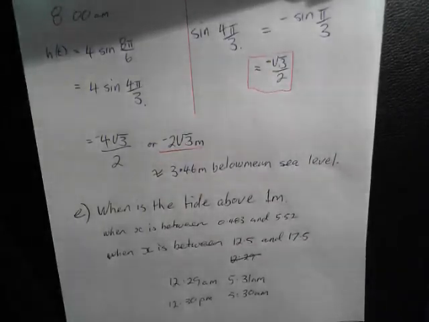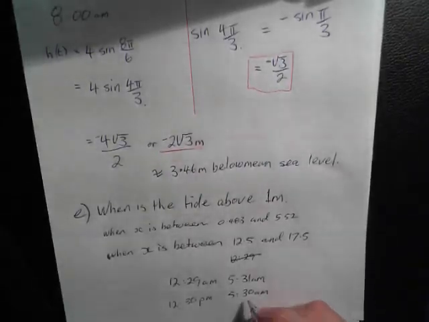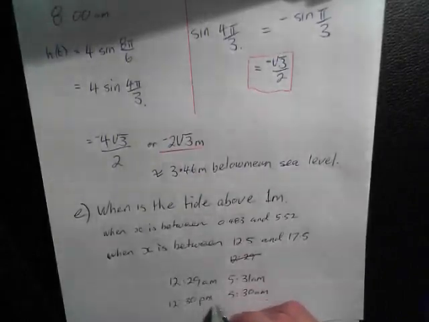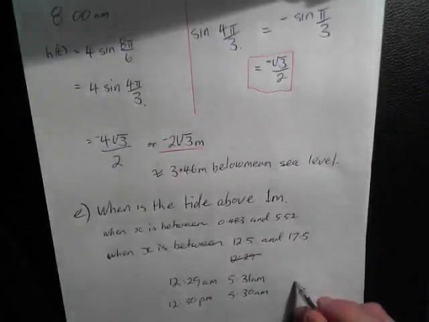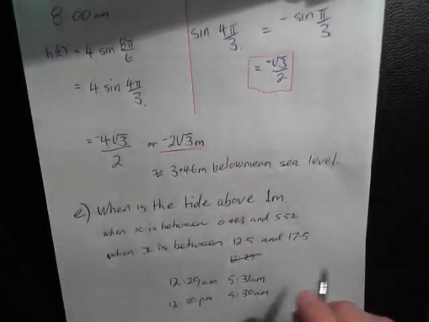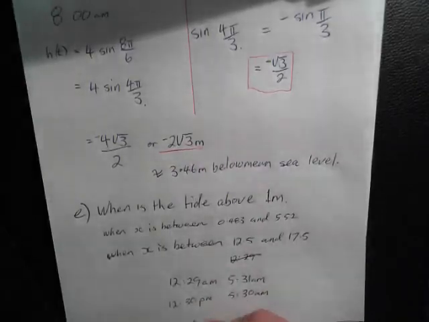So that first one's right, and then the second one, I think because the calculator only goes to 2 decimal places, I've got 12:30 to 5:30. They've got 12:29 to 5:31. Okay, so that is an issue of rounding there. Yeah, so there is a slight discrepancy there.